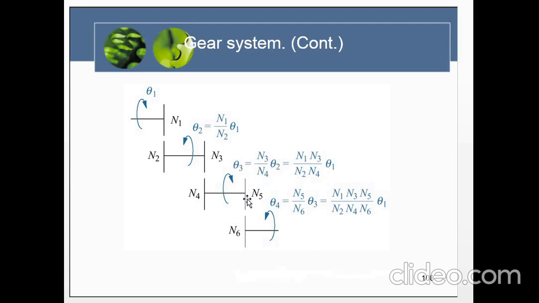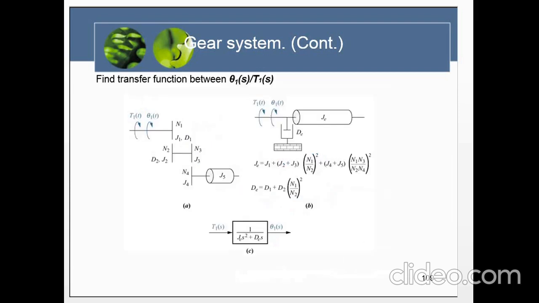This is the formula, and then between N1, N5 and N6, this is the transfer of position from here into here. This is the formula. Theta 4, this is the position here. This is equal to N5 per N6 theta 3. Okay, find the transfer function between theta 1(s) per T1(s). Okay, that is the system.